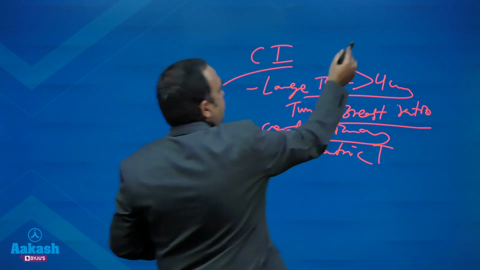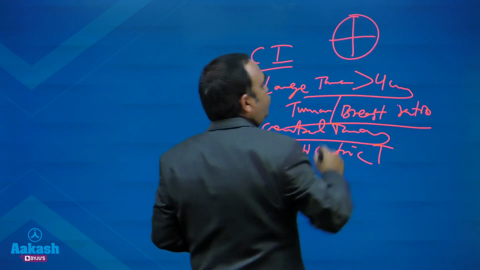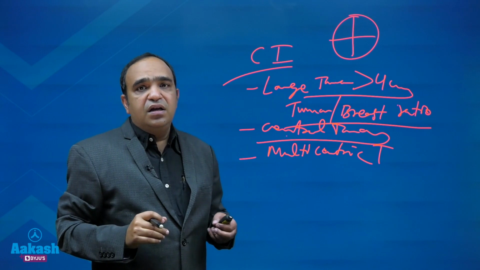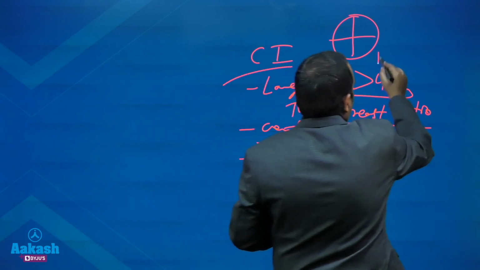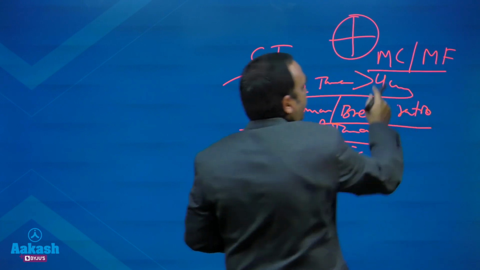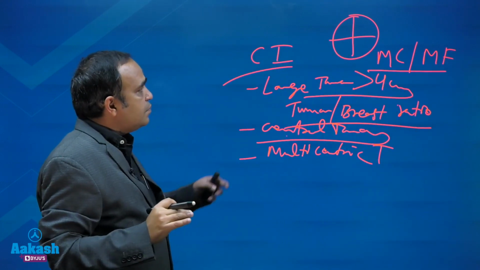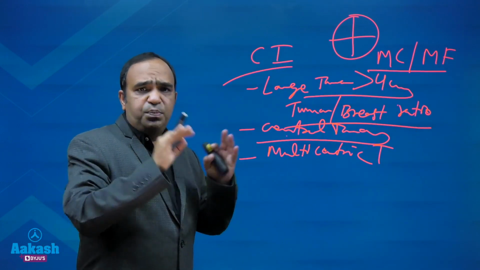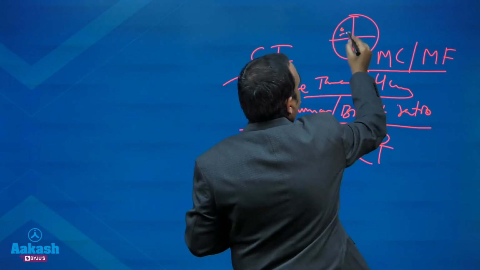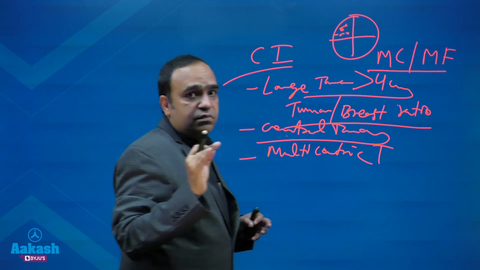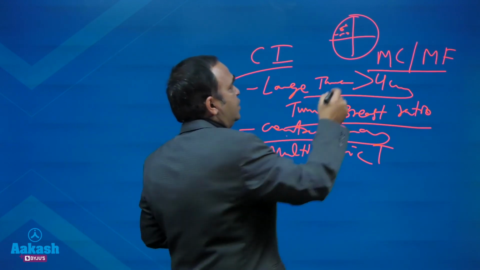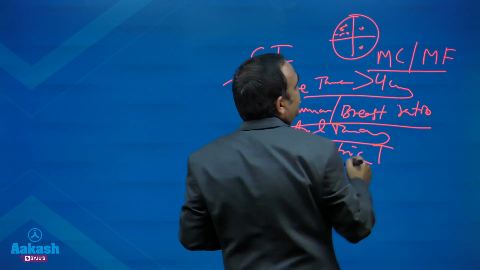Multicentric means the breast is divided into 4 quadrants: upper outer, lower outer, upper inner, lower inner. Now there are two terms, multicentric and multifocal. Again, very important question. Multifocal means multiple foci of tumors but within one quadrant. But if 2 or more quadrants are involved, then it is called multicentric.